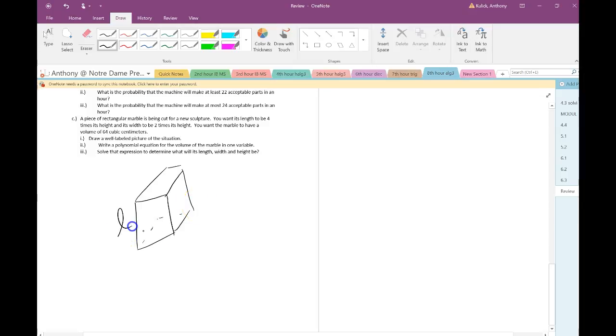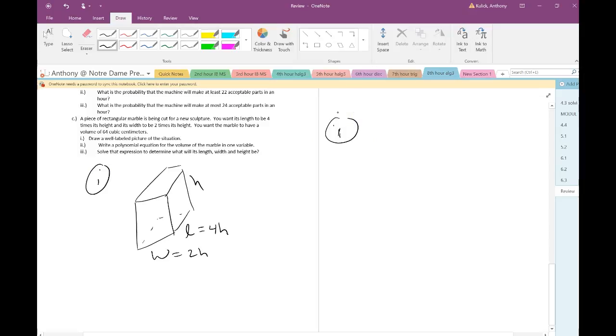So we'll have length, width, and height. Well, probably makes more sense to put those there. And it says that the length to be 4 times its height, and its width to be 2 times its height. That's part I. That's a well-labeled picture.